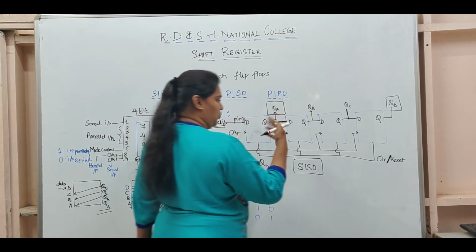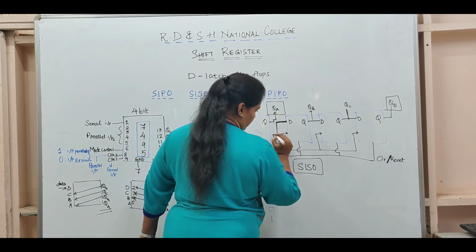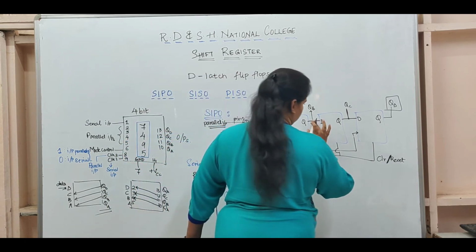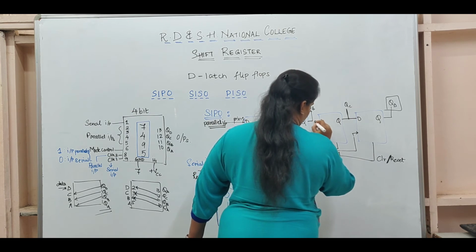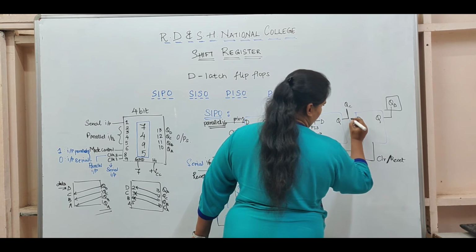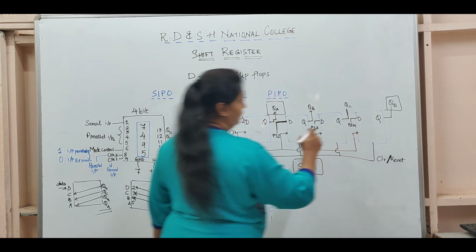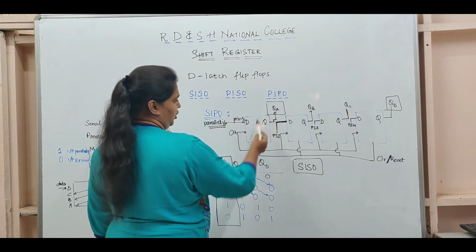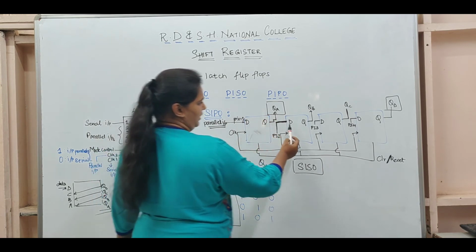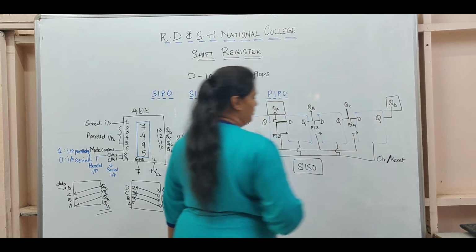But here, since I want to give 4 inputs, this is parallel input 1, this is parallel input 2, similarly parallel input 3 and parallel input 4. And whatever inputs you give will appear on the outputs. So whatever input is given here will appear on QA, this input will be QB, this input will come on QC and this will come on QD.